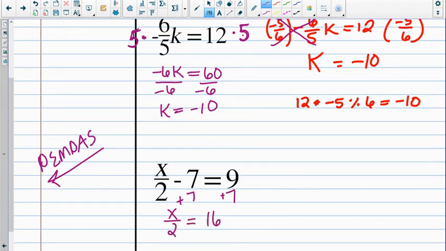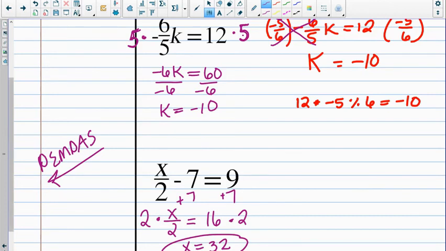And then to undo division, we multiply. And 16 times 2 is 32, my answer for this one. So first I have to do subtract and add, then I can do multiply and divide.